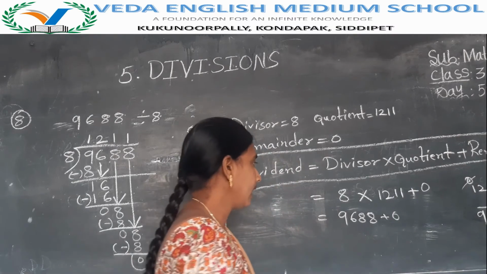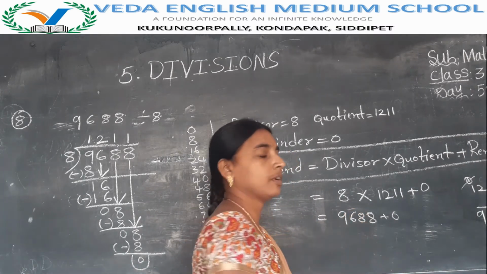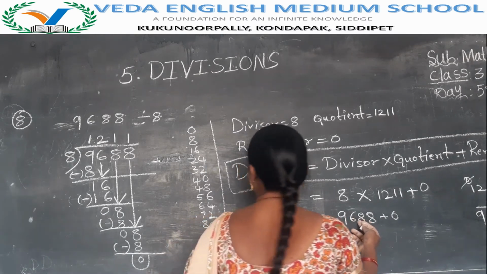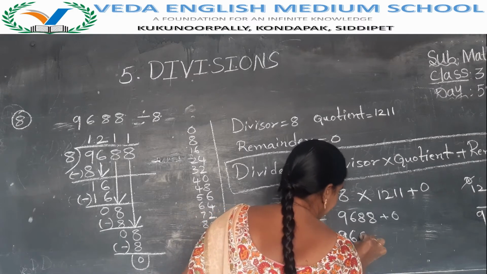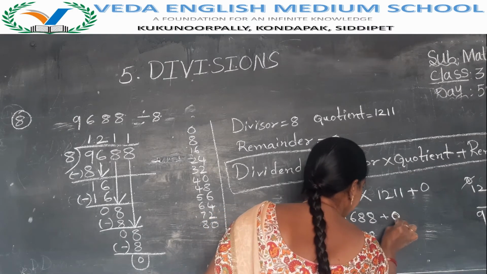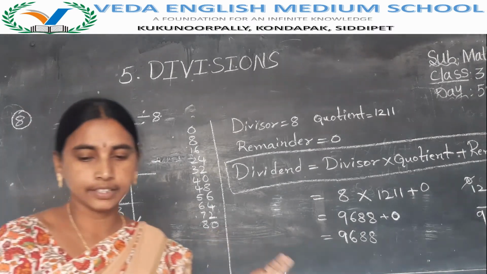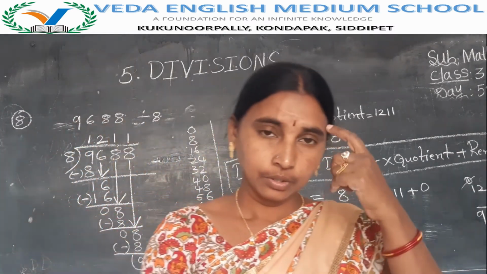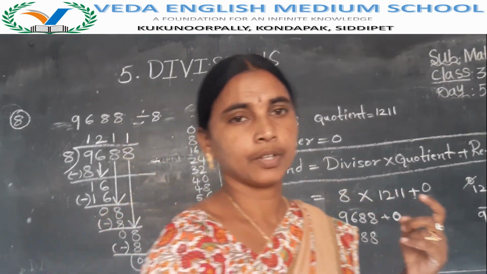Any number added with 0, we get the same answer. So 9688 plus 0 is the same, 9688. This is the 8th problem.